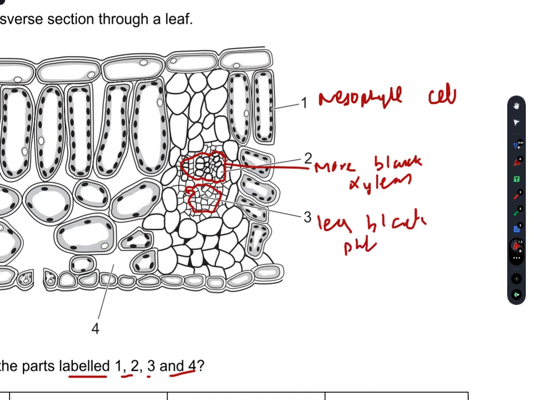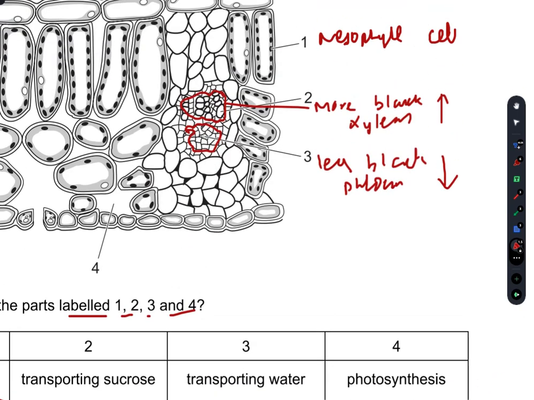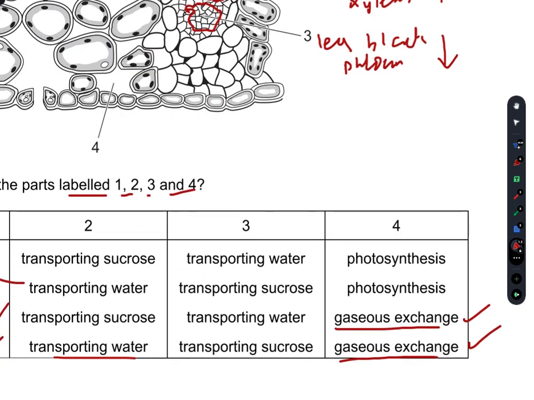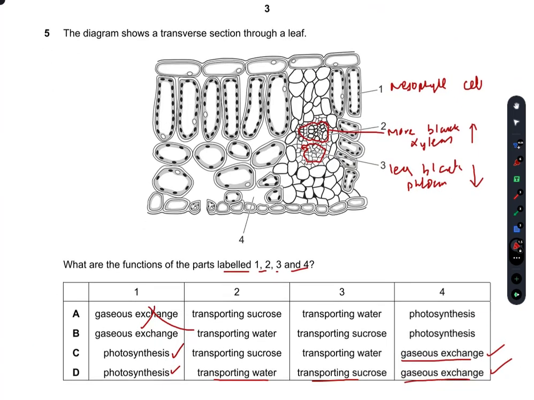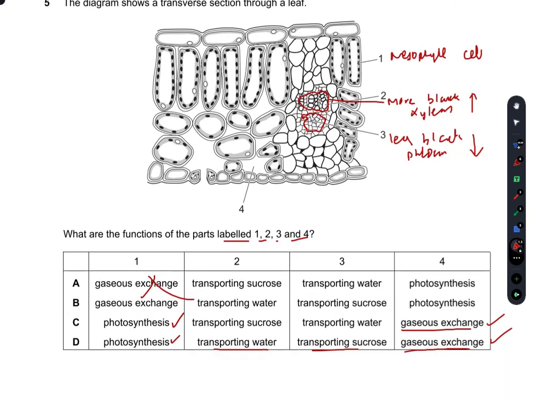We already know that xylem is on the upper side in the leaf and phloem is on the lower side. So xylem is the place where the transport of water occurs, and phloem is the place where the translocation of sugar takes place. So D is the right answer.